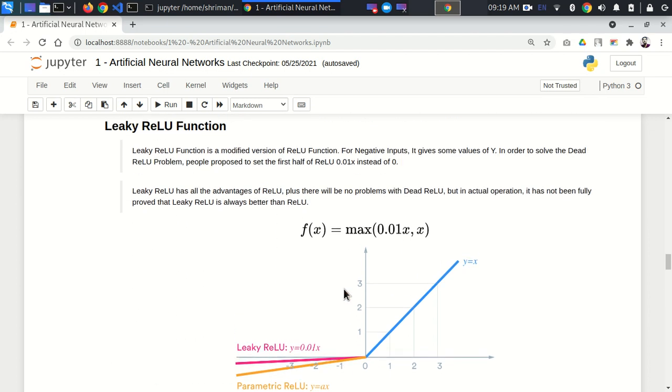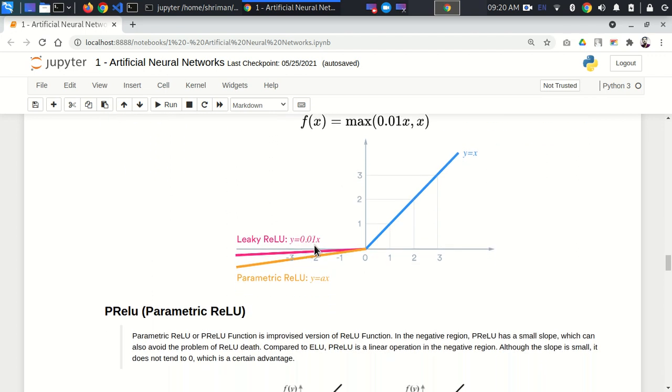So Leaky ReLU is a modified version of the ReLU function. For negative input, it gives some value of y. It is not giving you completely 0. In order to solve the dead ReLU problem, people proposed to set the first half of ReLU to 0.01x instead of 0. So they have introduced this particular constant 0.01x.